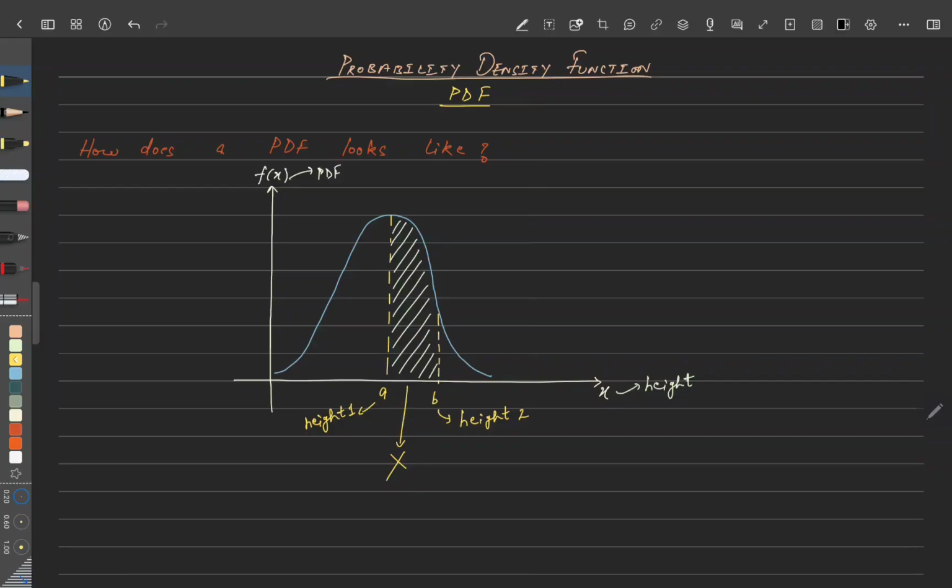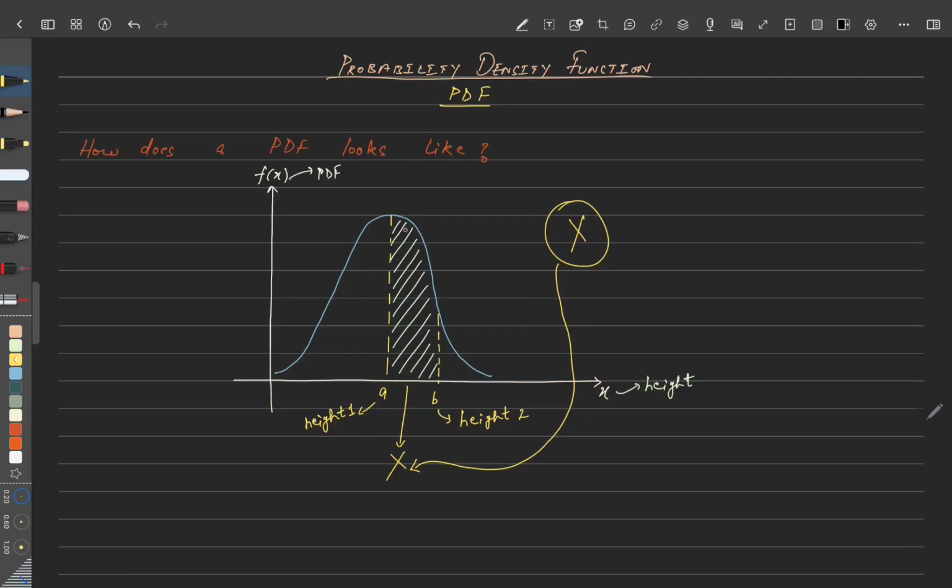So let's say you have some random height x and you want to find out whether this x lies between these two heights or not. That is what you want to find out. So the area under the curve, as per the PDF, the area under the curve between the heights a and b will tell you the probability of height x being somewhere between a and b.